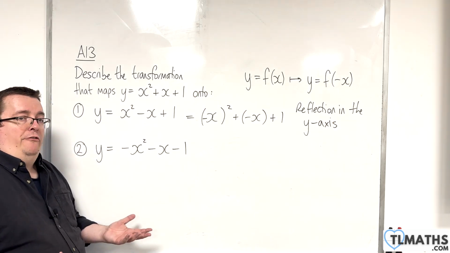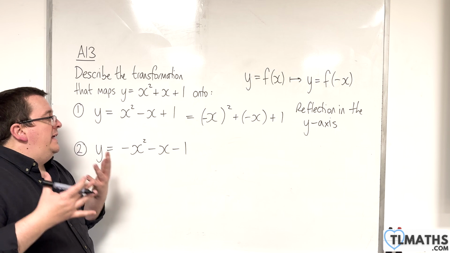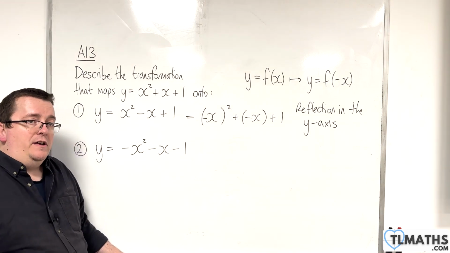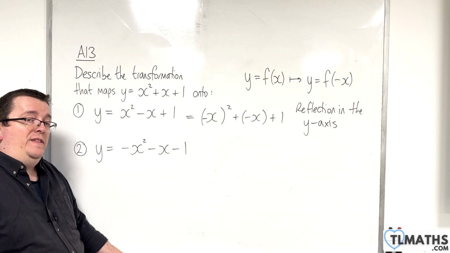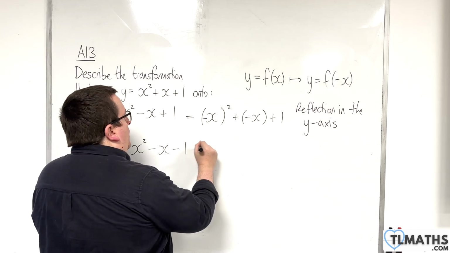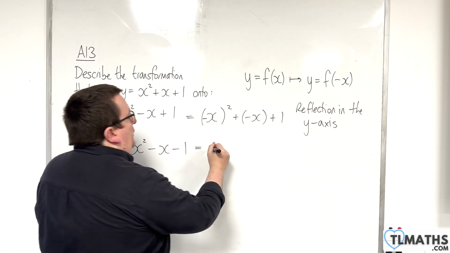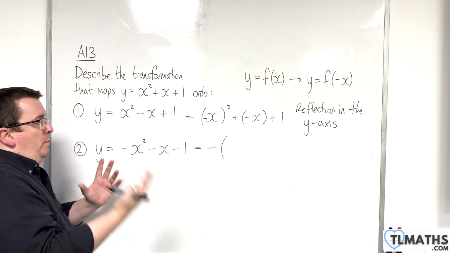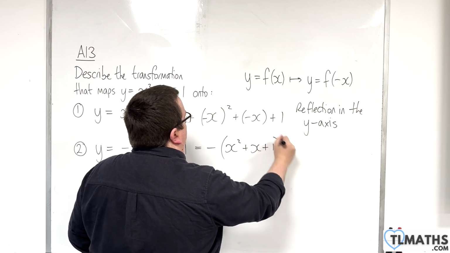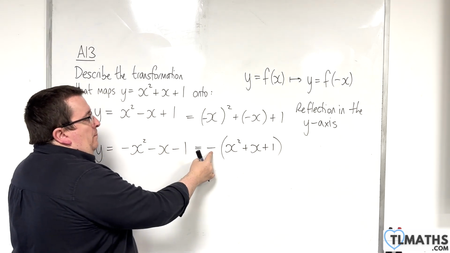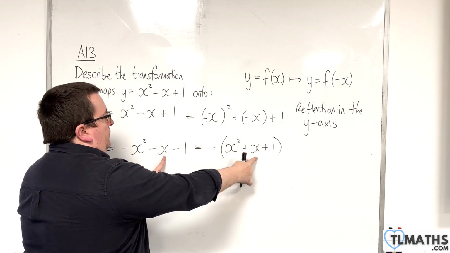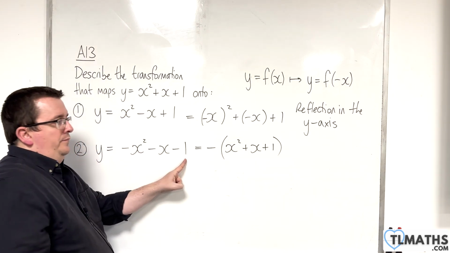Now you might remember from the previous video that if you have a situation where all of the terms have changed sign, then that must be a reflection in the x-axis. The reason for this is that you could write that as the negative of, and open up a bracket, x squared plus x plus 1. So think of this as minus 1 times x squared, minus 1 times x, minus 1 times 1.